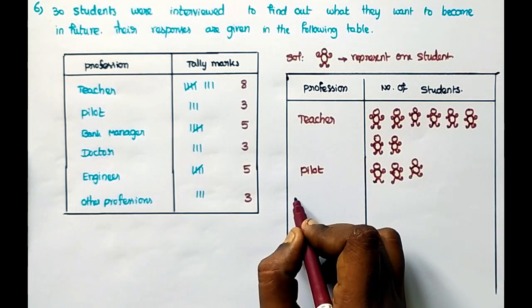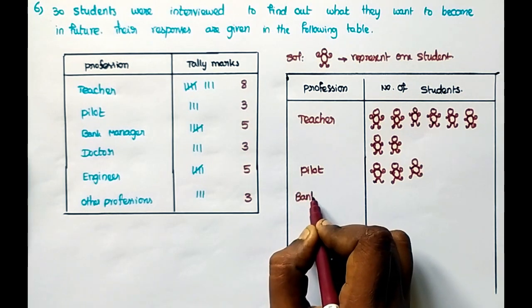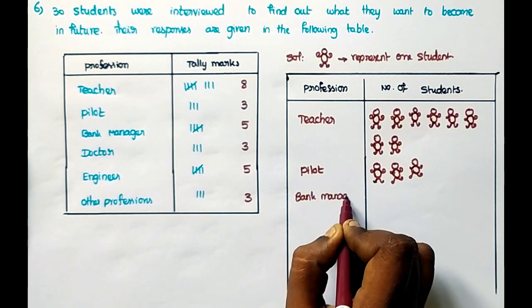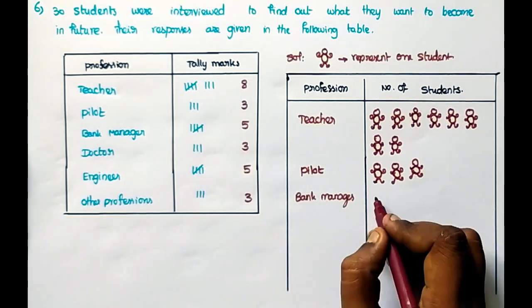Next one, bank manager. How many students? 5.